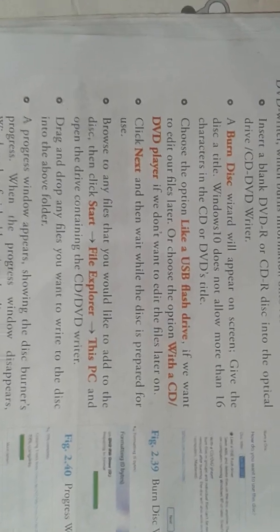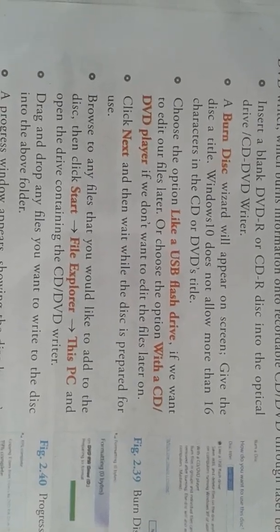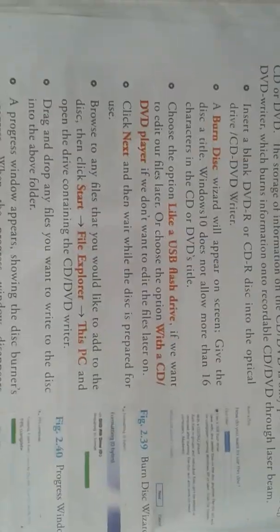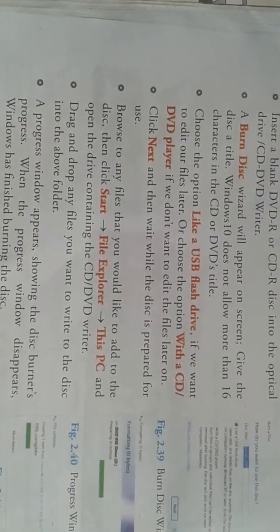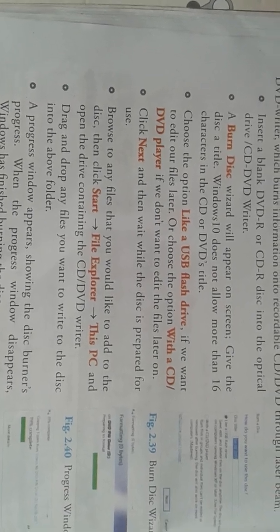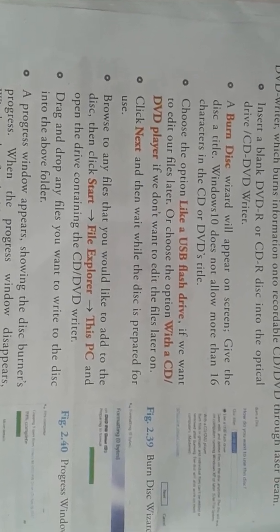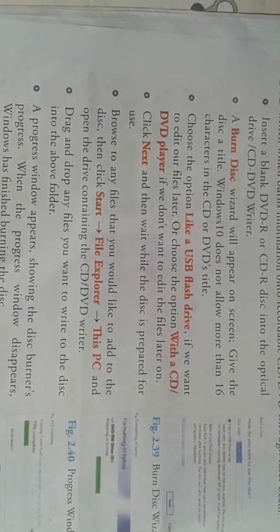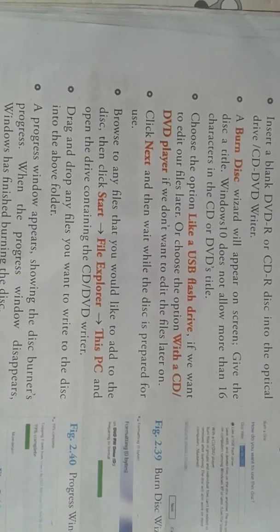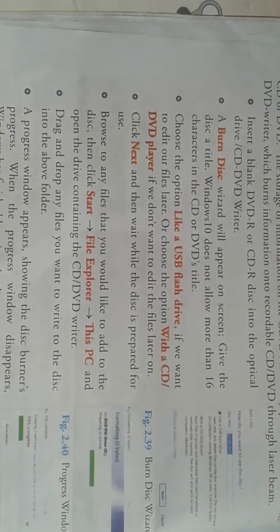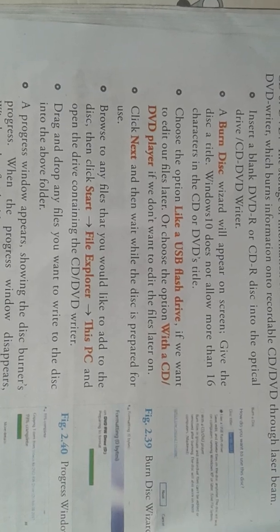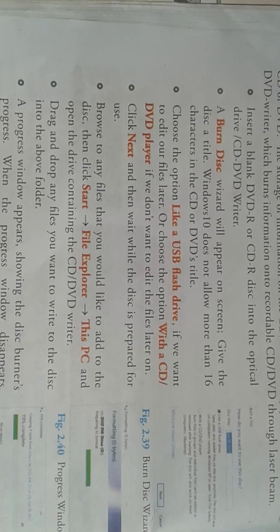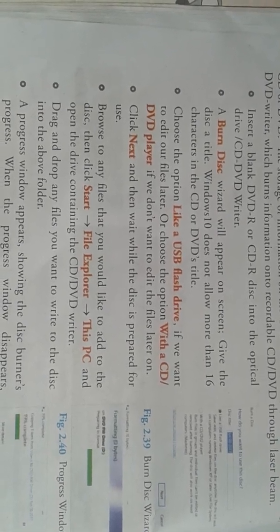Choose the option USB flash drive if you want to edit the files later, or choose the option with a CD or DVD player if you don't want to edit the files later on.